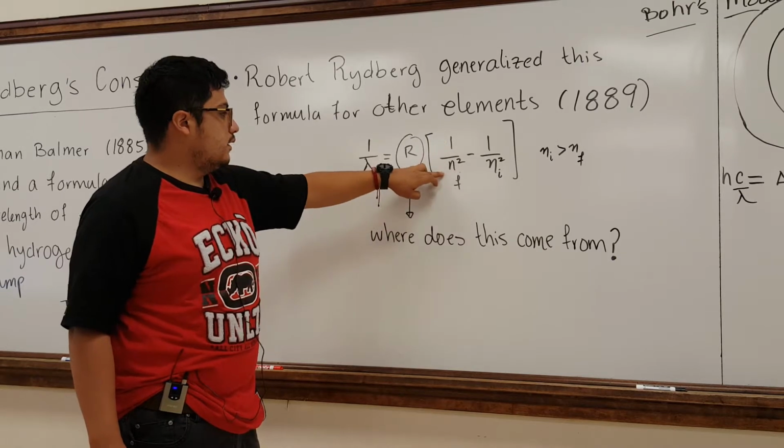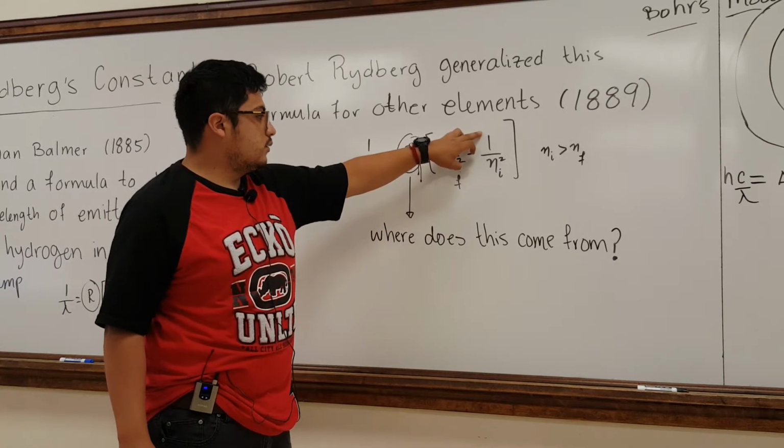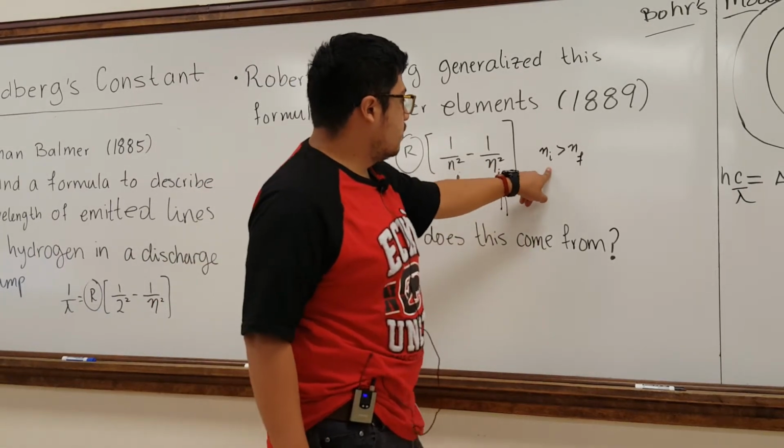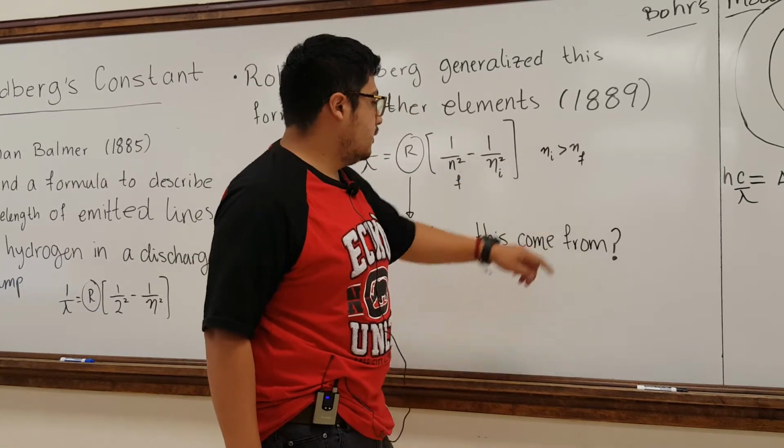You have 1 over nf squared minus 1 over ni squared, where ni is greater than nf.